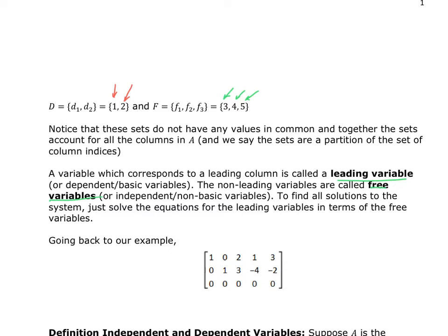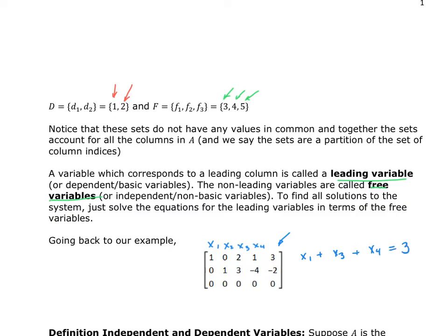Now what we know is that this comes from x sub 1, x sub 2, x sub 3, x sub 4, and these are my constants. So the equations that I have left over from this first row is x sub 1 plus x sub 3 plus x sub 4 is equal to 3.